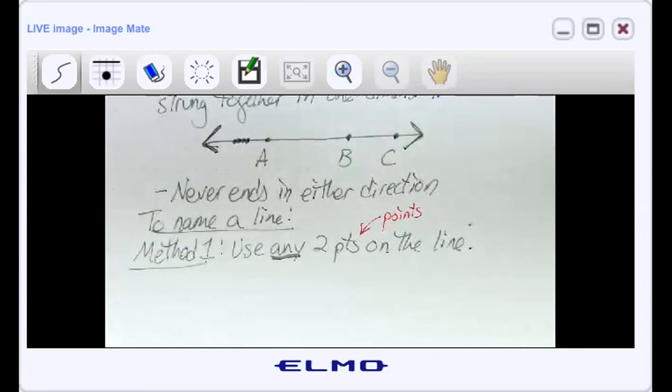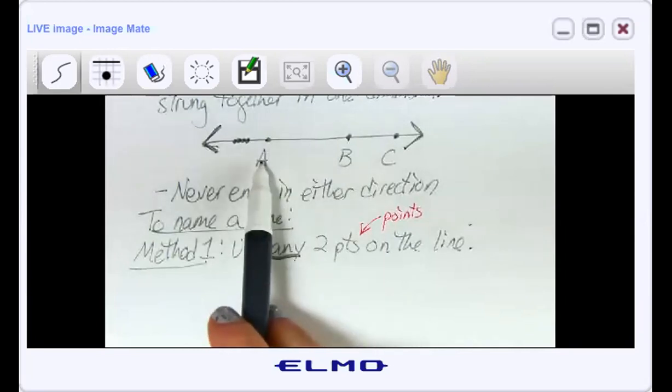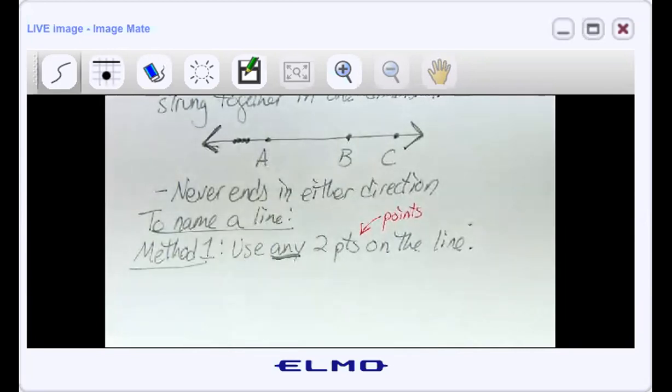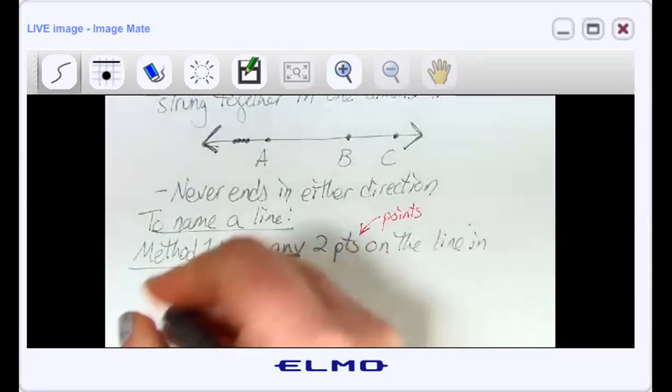What else is nice about naming them is that the order doesn't matter either. So I can say AB or I can say BA. Doesn't matter. Any 2 points in any order. You know, I'll even add that. Use any 2 points on the line in any order.